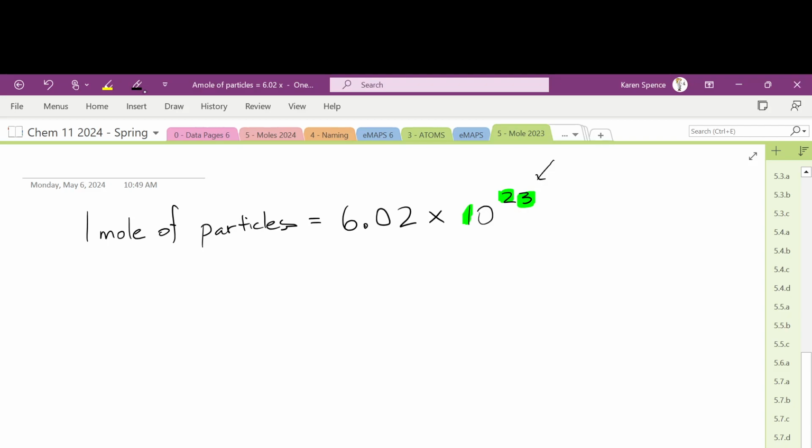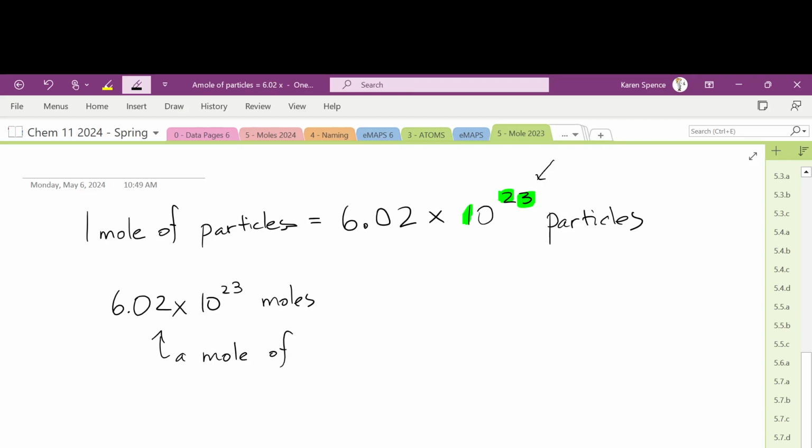Now, what I never want to see is 6.02 times 10 to the 23 moles. That's a lot of moles. That is a mole of moles. Sometimes people will do this: they'll say 1 molecule is equal to 6.02 times 10 to the 23. I want you to do some thinking before you ever write the numbers down.